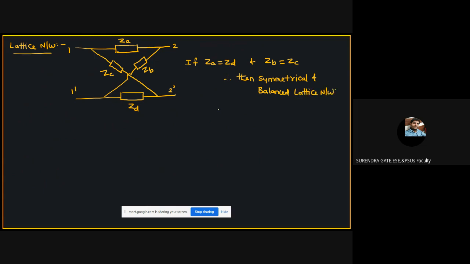If ZA is not equal to ZD, or even if one condition is not satisfied, ZB is not equal to ZC, then it is an asymmetrical and unbalanced lattice network.